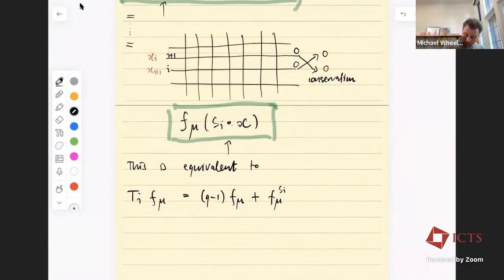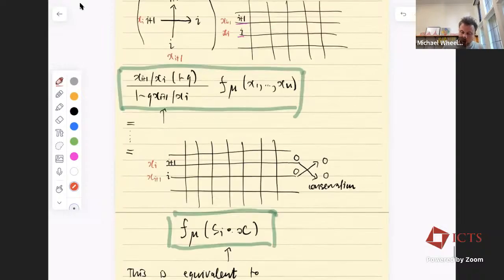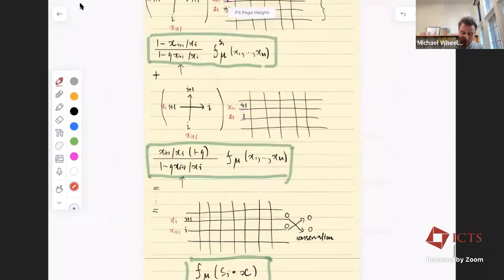Okay, so hopefully you can believe that if you go ahead and explicitly compute the things that are here, it is completely equivalent to the equation that is in the green boxes here.